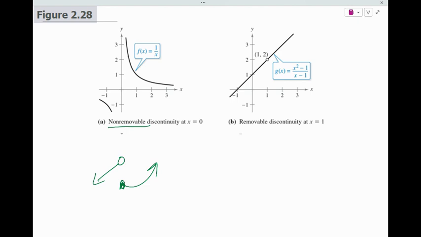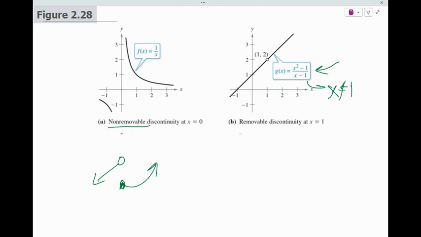Some functions, and we've seen functions like this already with our limit section, look like a rational function, but upon further analysis, we determine that it's really just a line, right? Because it simplifies, but we still have the restriction that x can't equal 1, so we get a hole in the graph, right? Now, this function is not defined at 1. This function is not continuous.